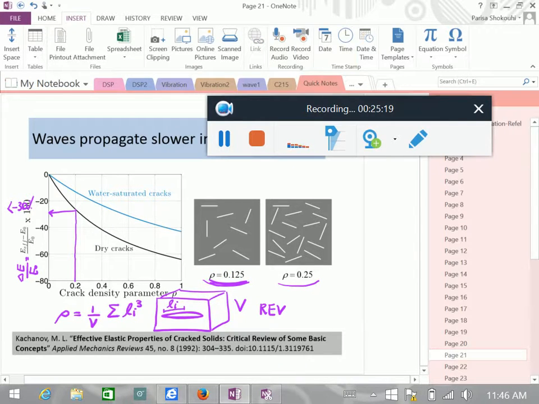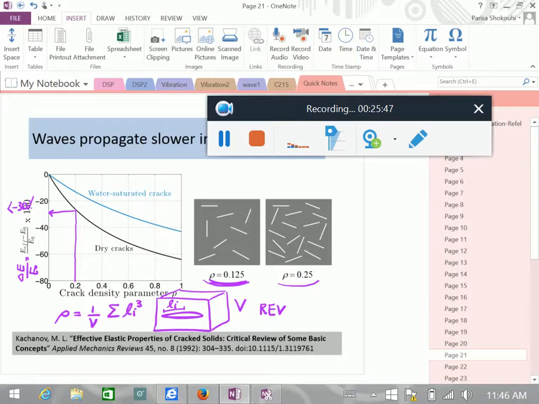It's still a lot of cracks. If you have this much crack, 0.15, the change in velocity is about 10%, right? So it's not much. You have to have a very accurate system to be able to measure this and to be able to say that you have a population of cracks inside the material.